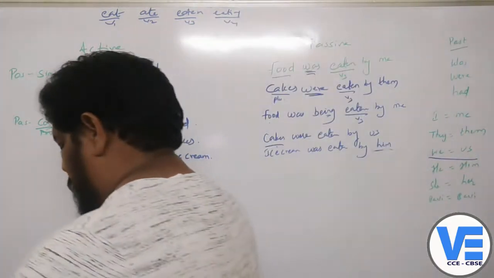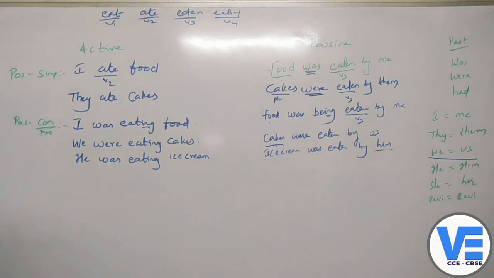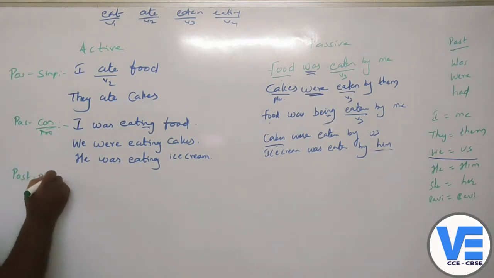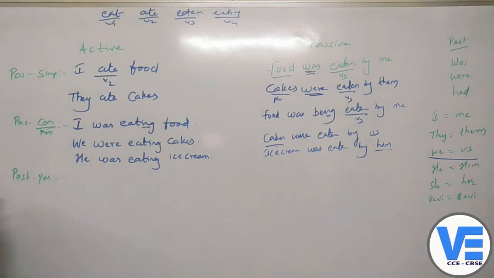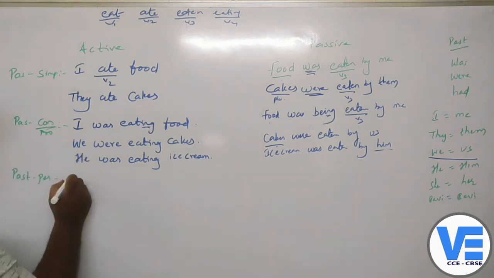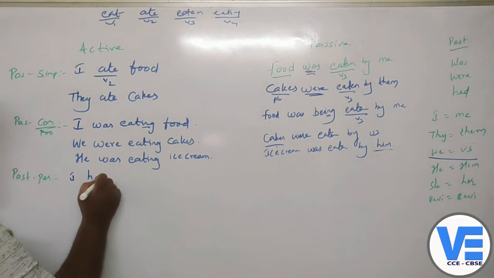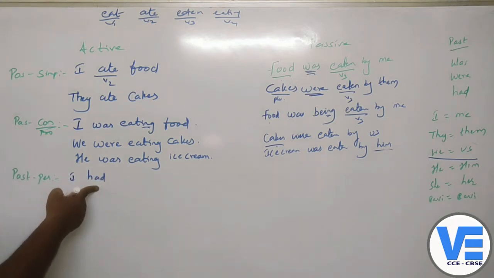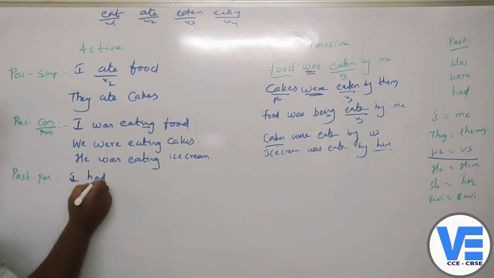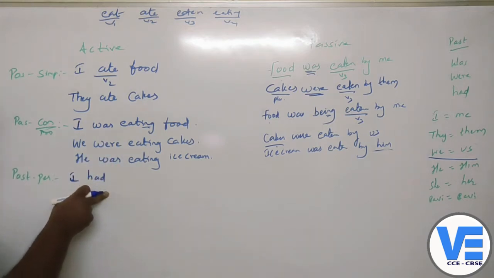Okay, so now we'll go ahead with the past perfect tense. In the present tense we have taken have and has, right? With I we have taken have, but here, what is the past tense of have? The past tense of have is had. So I have taken the helping verb had here.